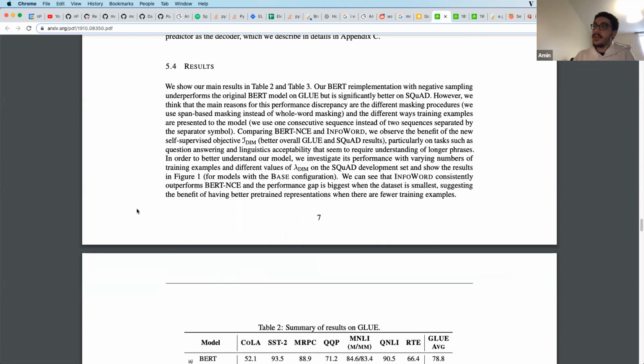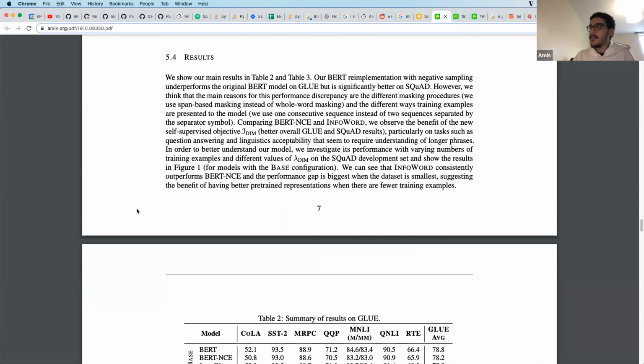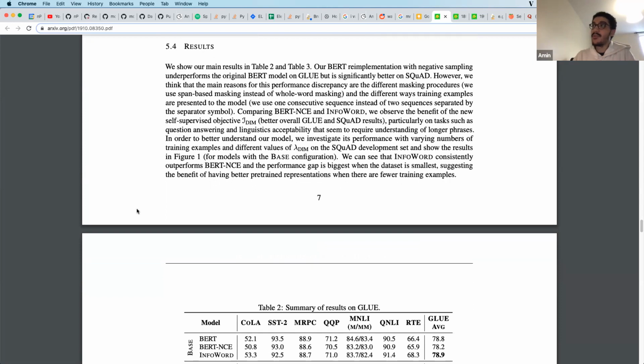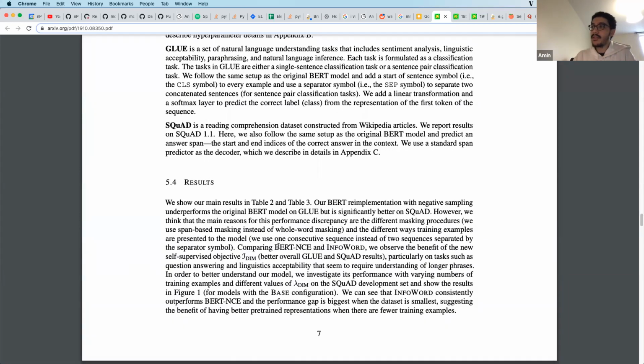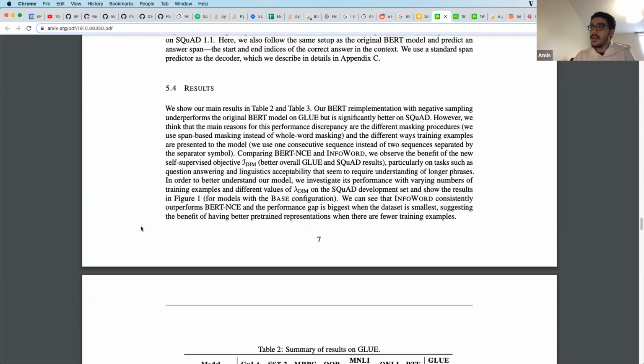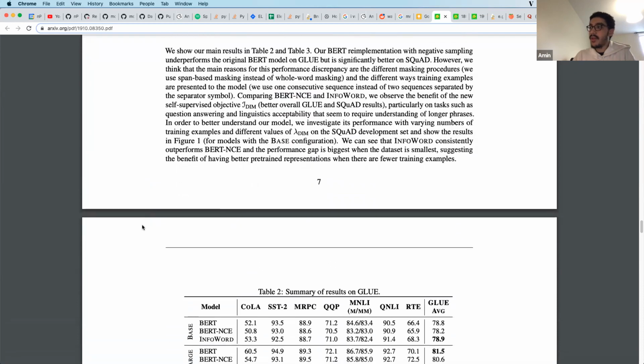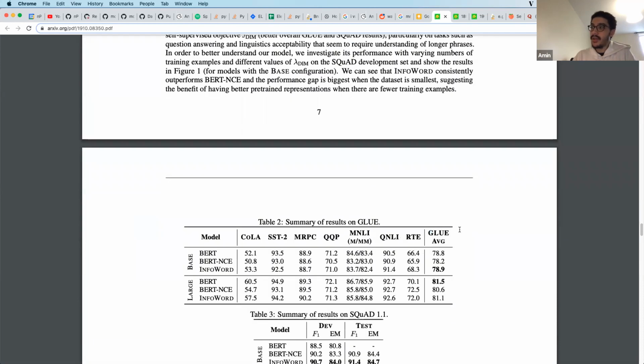There is also the point about BERT outperforming the BERT NCE on a number of GLUE tasks, and actually outperforms it on average.